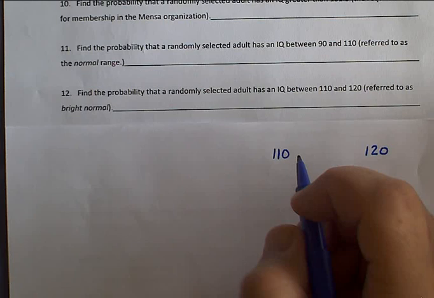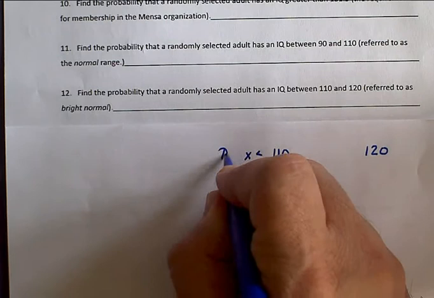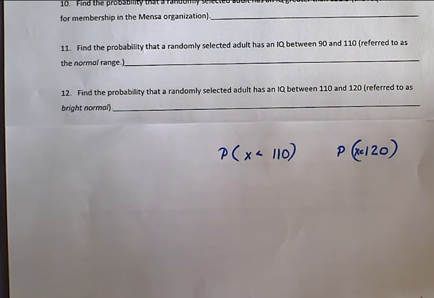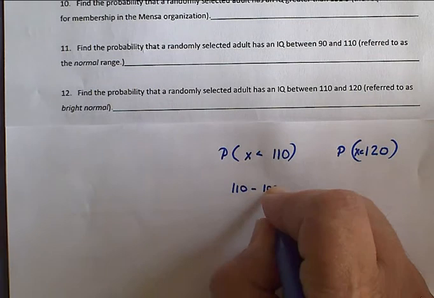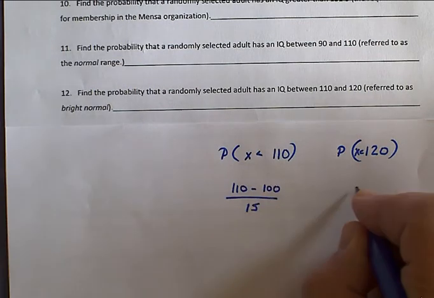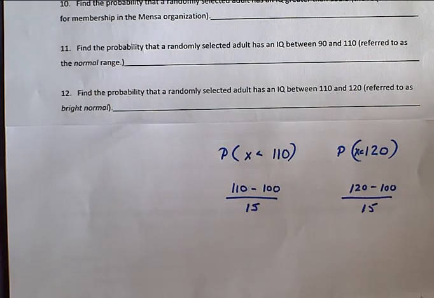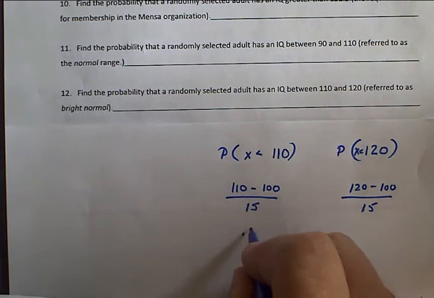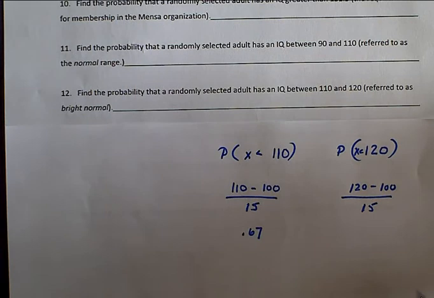So X is less than, converting 110 minus 100 over 15, 120 minus 100 over 15. This again is 0.67. This is 1.33.